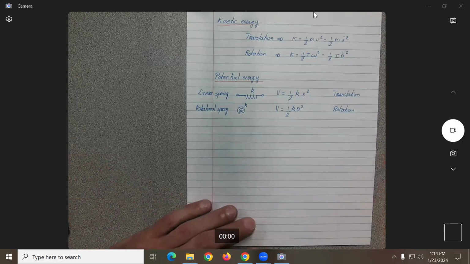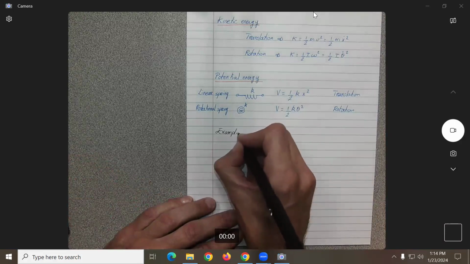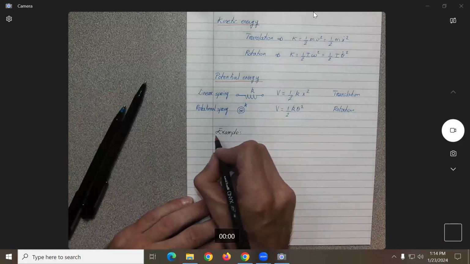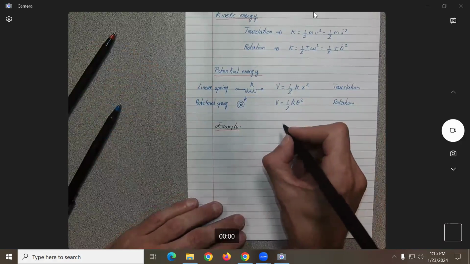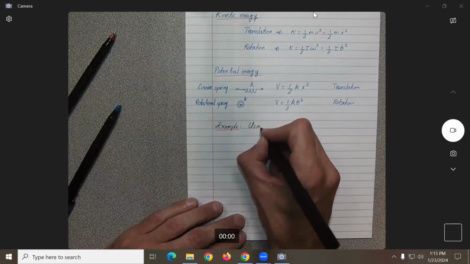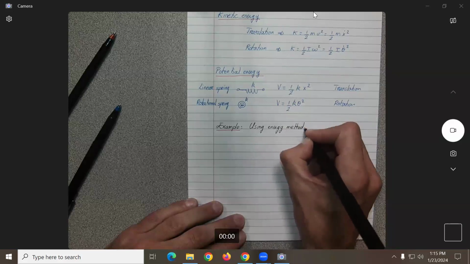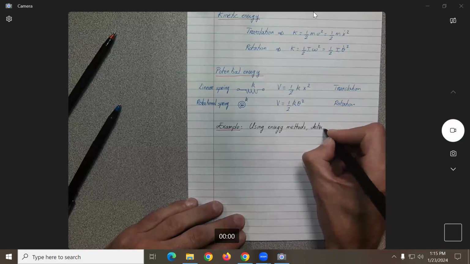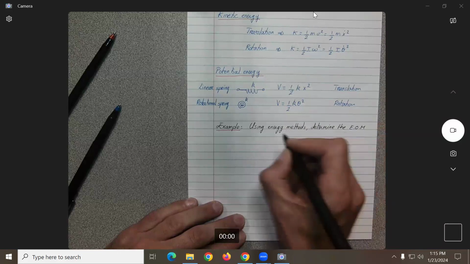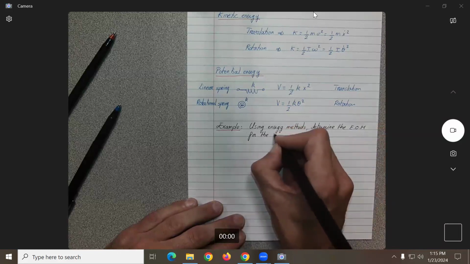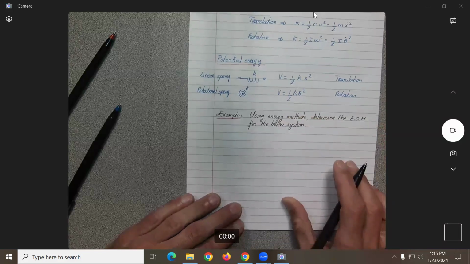Okay, so let's do an example over here. Using energy methods, determine the equation of motion for the below system.